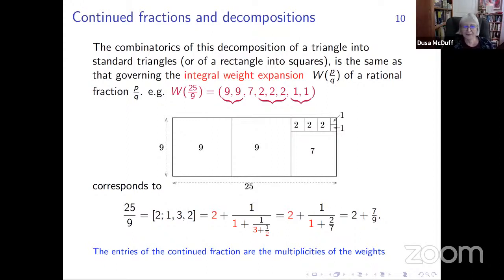So the point is that there's an analog between this decomposition of cutting a rectangle into squares, or equivalently cutting an ellipsoid into balls, with the continued fractions of the size of the ratios that you have. And that's the connection with number theory.